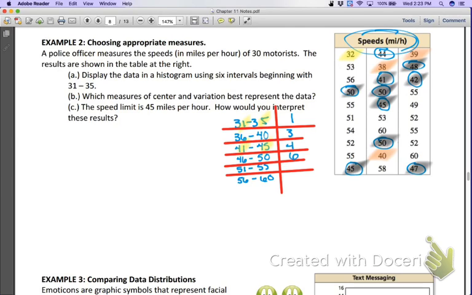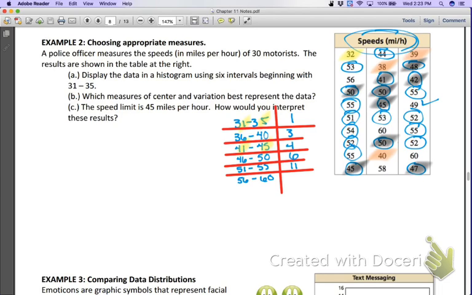Those are gone. So then 51 to 55. 1, 2, 3, 4, 5, 6, 7, 8, 9, 10, 11.